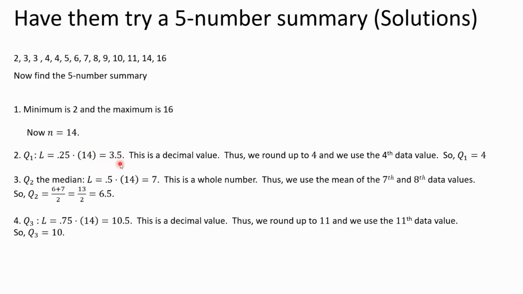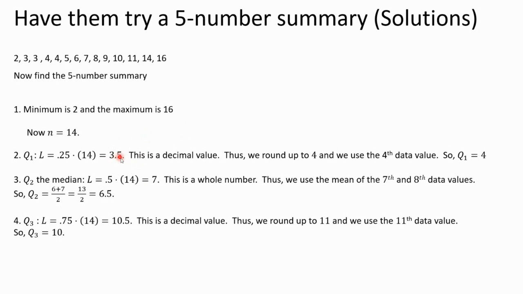Since 0.25 times n is 3.5 in this case, it's a decimal value, so you round up to the next whole number, which is 4. Even if this was 3.01, you would round up to 4.